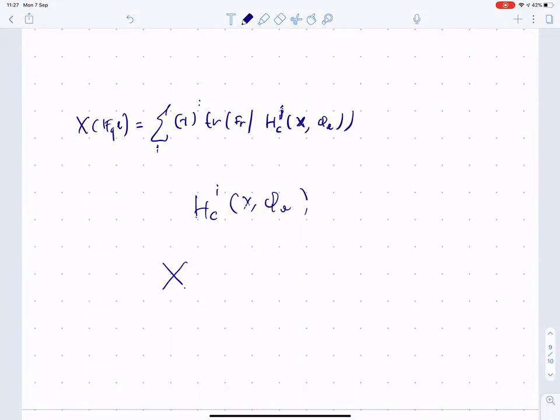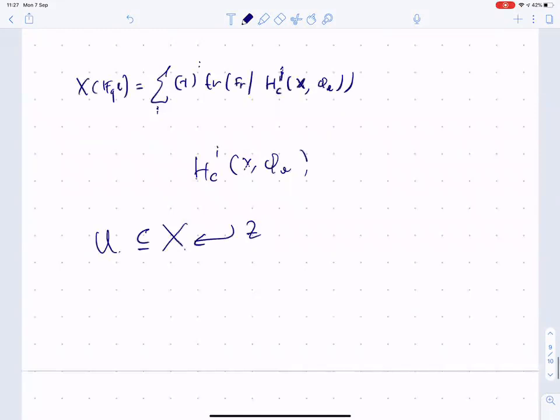So step number one, a maneuver that we can do is that if we have a variety and we have an open subvariety and we have a closed complement, then the number of points, for example, is just the sum.